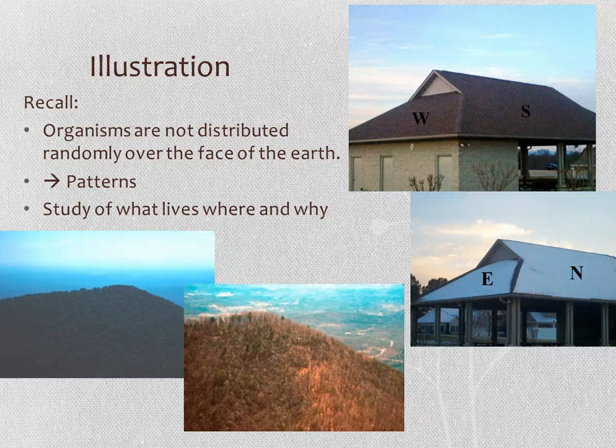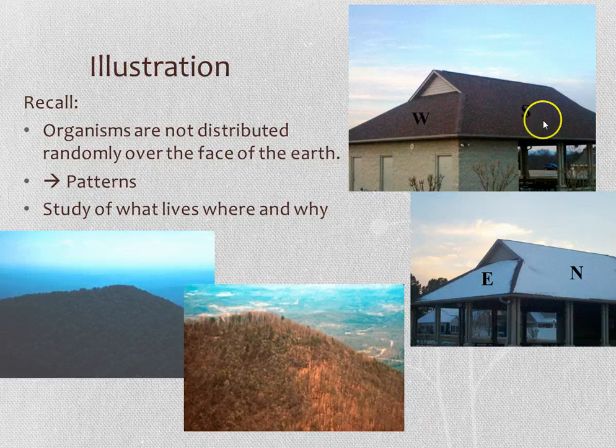A day after snowfall, you can see that the south and west facing slopes that get more direct and more intense sunlight have no snow left, because these faces are several degrees warmer than the north and the east facing slopes, which a day or two after snowfall still have snow on them, and you can see that they are shaded, and the south and west facing slopes are sunnier and consequently warmer and drier.